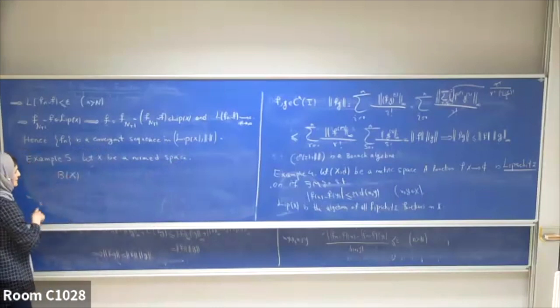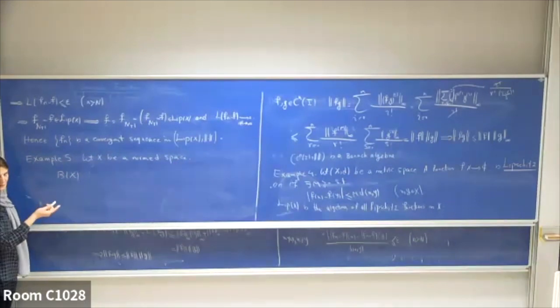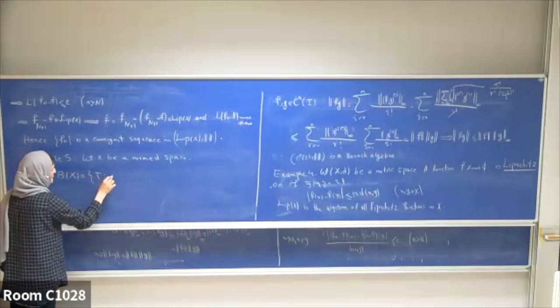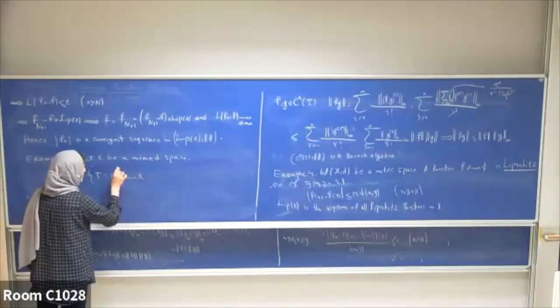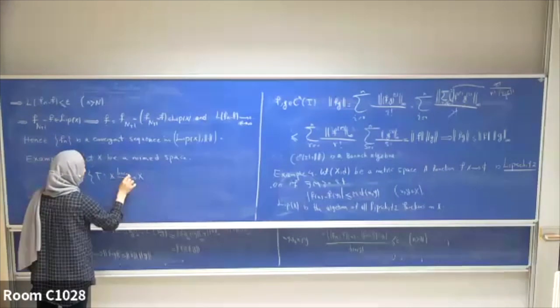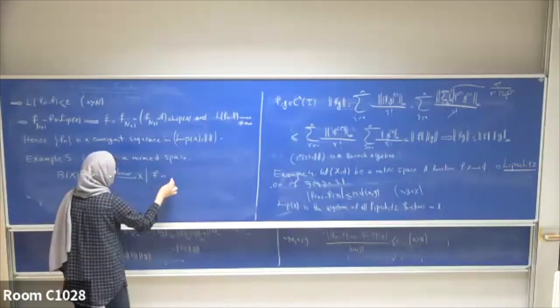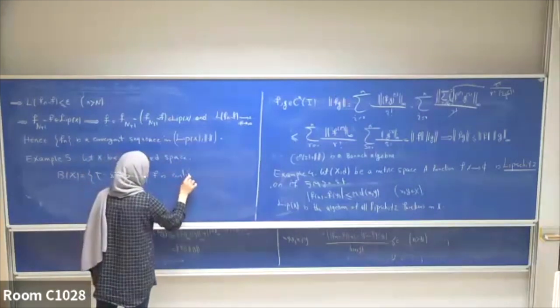Definitely you've seen such a space before in real analysis. B(X) is the space of all linear operators on X which are continuous or bounded. They are equivalent. So it is the set of linear maps from X to X such that T is continuous.